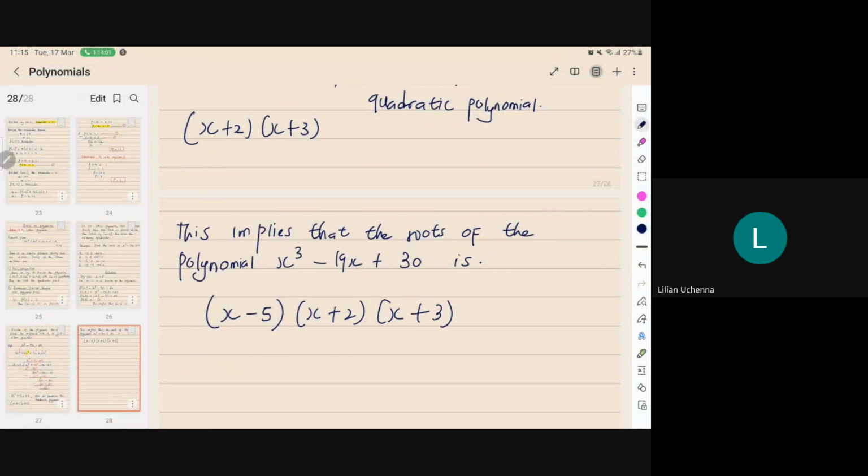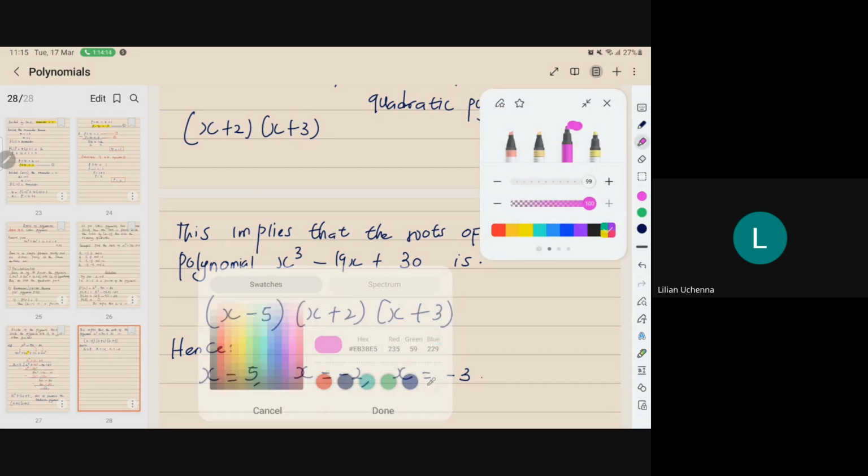But you have to equate it to 0. Hence, we have that x is equal 5, x equal negative 2, and x equal negative 3. Do you understand what I just did?